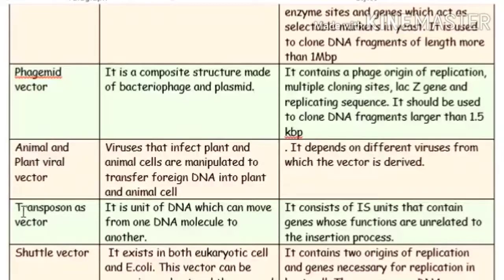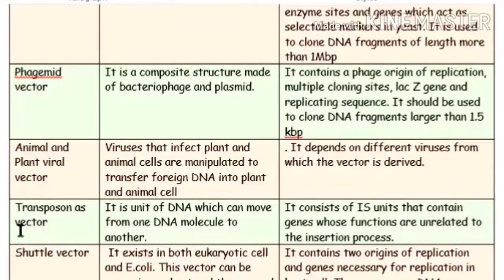Then transposons, the jumping genes, can also work as vectors. A few are shuttle vectors, meaning they can be used in prokaryotes as well as in eukaryotes. It means they have two ori sites, one active in prokaryotes and one active in eukaryotes.